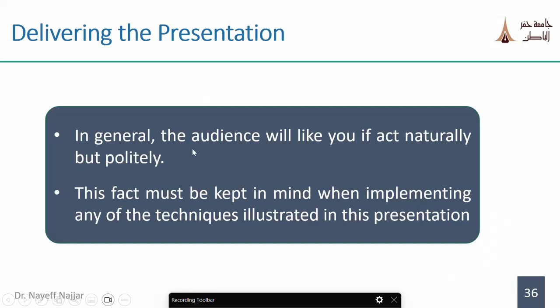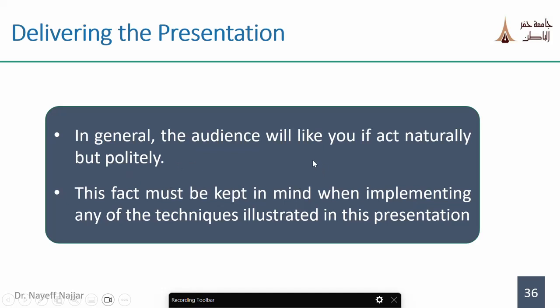A general point is that you want to be natural and polite. You don't want to be too formal. You can make a joke, you can laugh, that's fine. You want to talk the way that you are talking to your friends and colleagues in the corridors and in your break time. You don't want to be too formal and too rigid when you are doing the presentation.